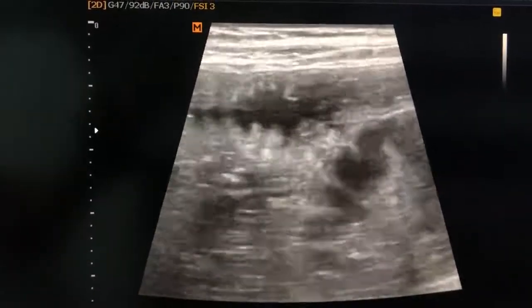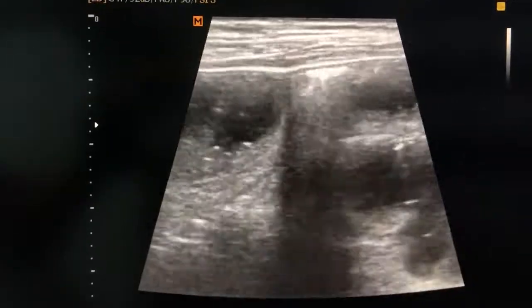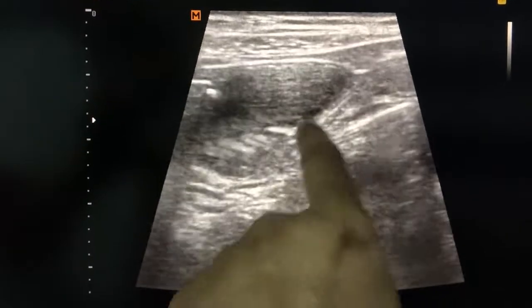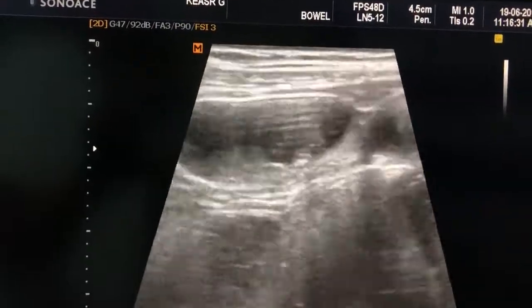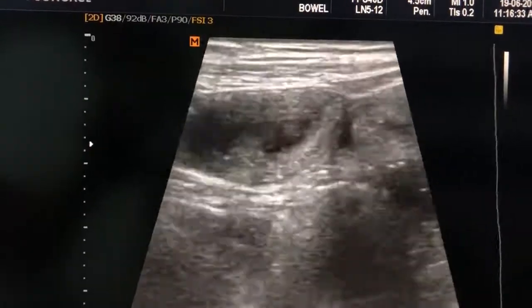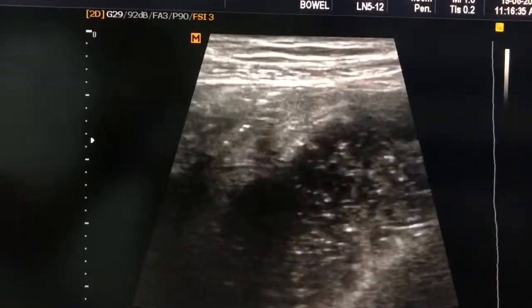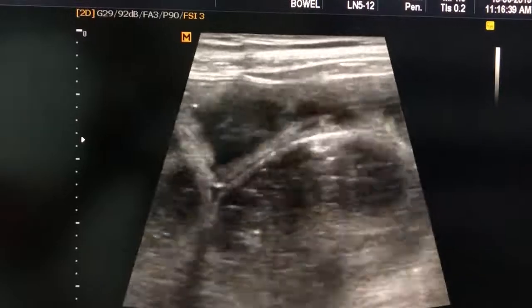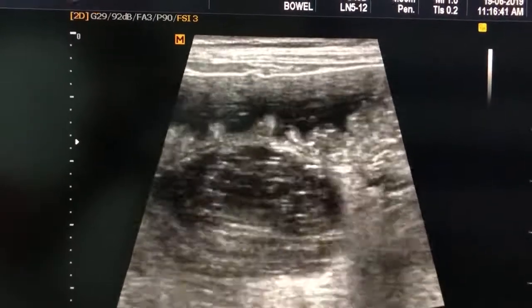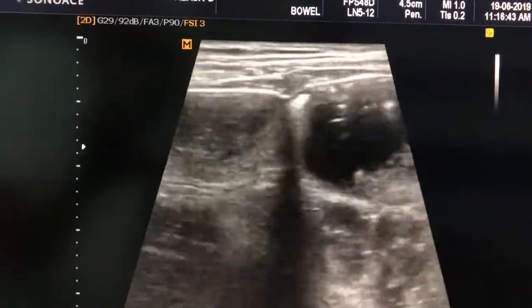Now compare this jejunal loop with the ileal loop. There are no rugae, no mucosal folds so much appreciated inside the lumen. Thin wall. These are ileal loops.